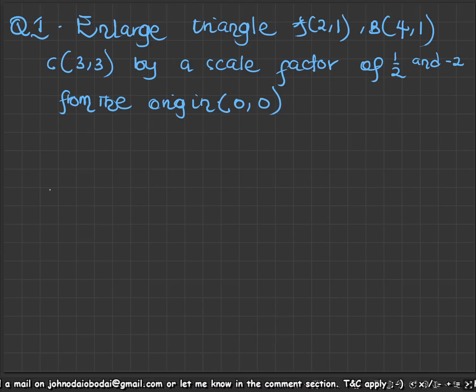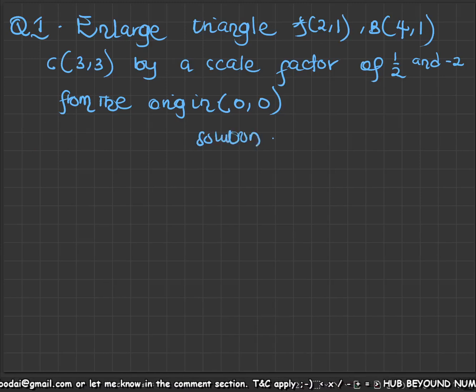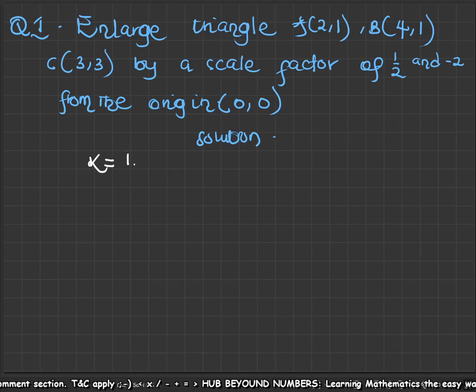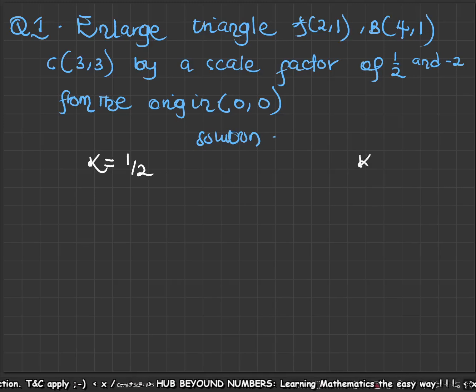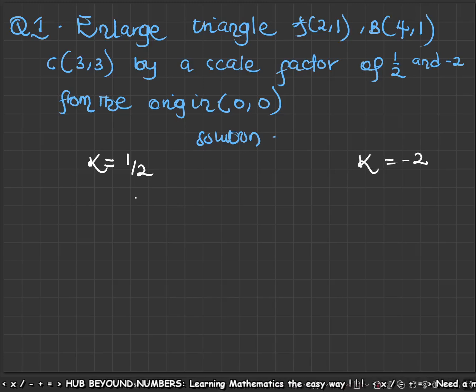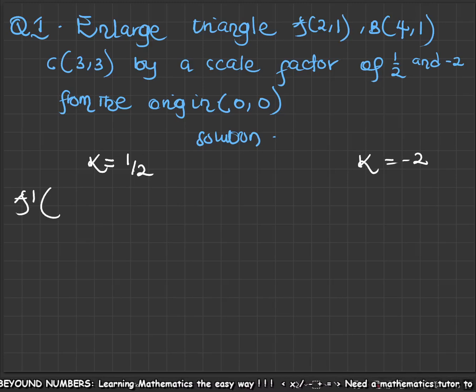So over here, we'll do that of the half, and then at the other side, we'll do that of the -2. I wouldn't be writing much. So for k is equal to 1/2, and then for k is equal to -2. You know the procedure already. So for A prime, that is for k equals 1/2, we are just multiplying each and every term by what?